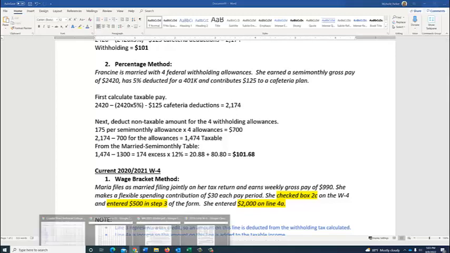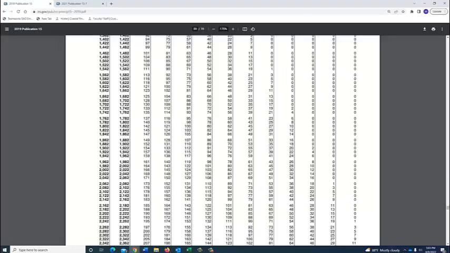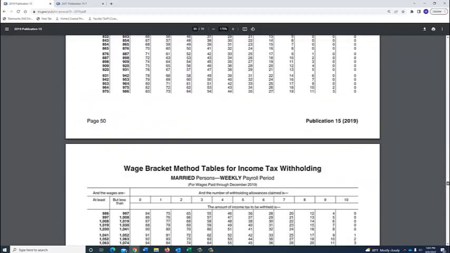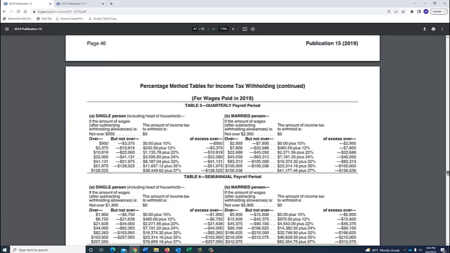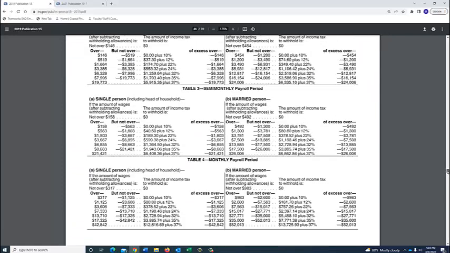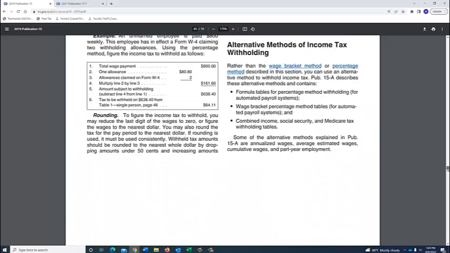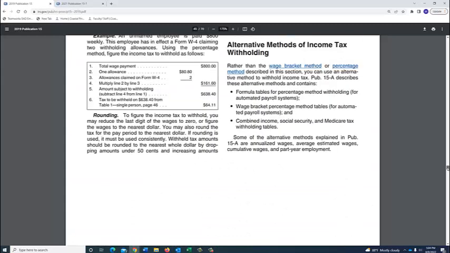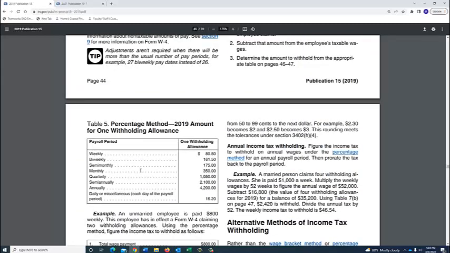Okay, so back over to the same publication, and we're just going to scroll up to where the percentage tables are. There are a few more calculations involved. The first thing that you have to do is manually deduct the withholding allowances. So for a semi-monthly pay period, she will have $175 deducted for each withholding, and she had 4.